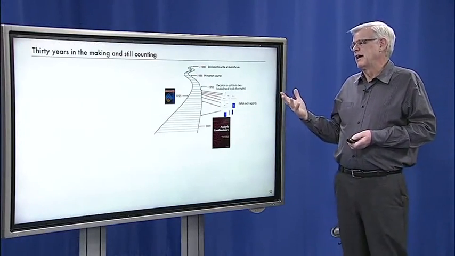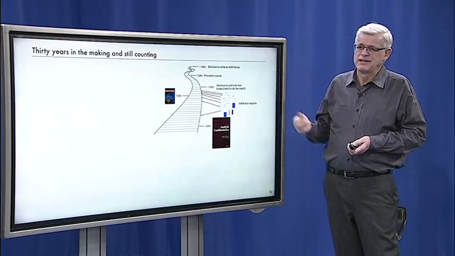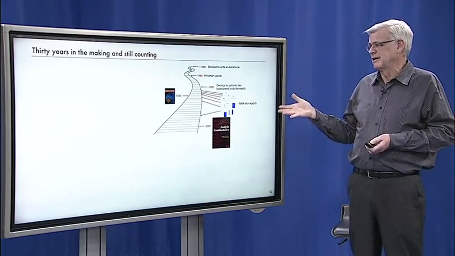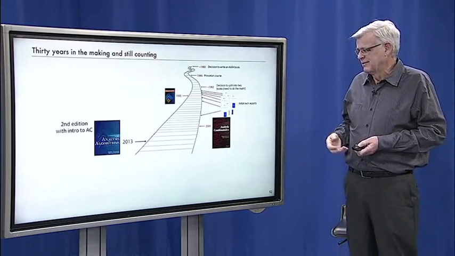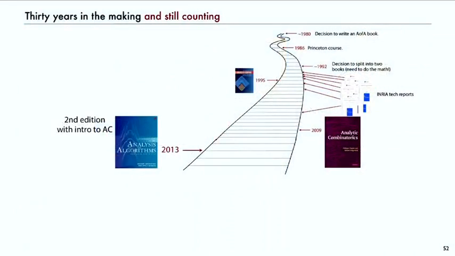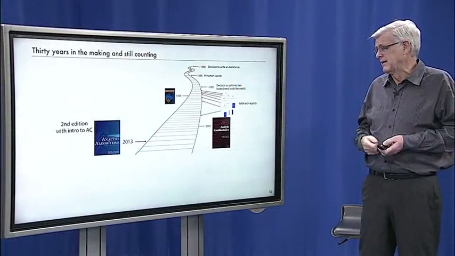I mentioned that it was 30 years in the making to get to the book, and I just want to finish by pointing out that we're still counting. There's a second edition now of the original Analysis of Algorithms book that I did that includes an introduction to analytic combinatorics, and I know Philippe always wanted that.